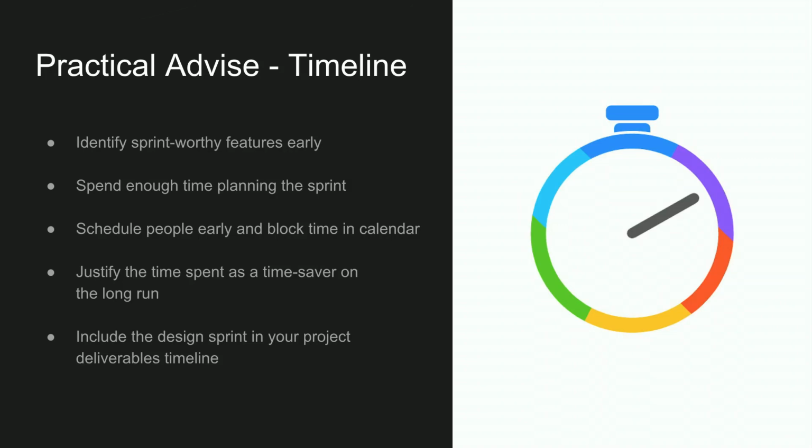And then you can always make the argument that the time you spend on the design sprint is going to save time on mistakes that you may otherwise make as you're trying to deliver the solution. And always include that design sprint in your overall timeline that you present to the client, so they're fully aware of when this is happening and whether there's going to be any commitment from their side in terms of time.